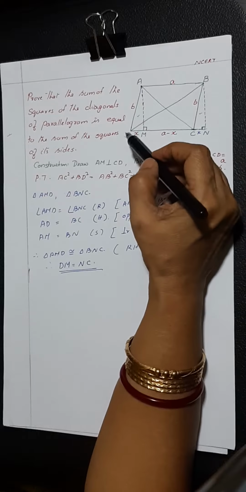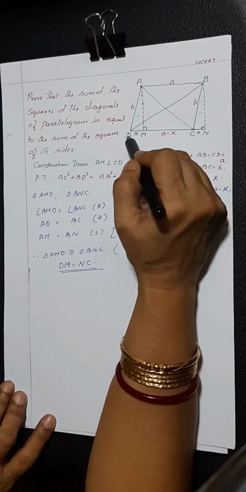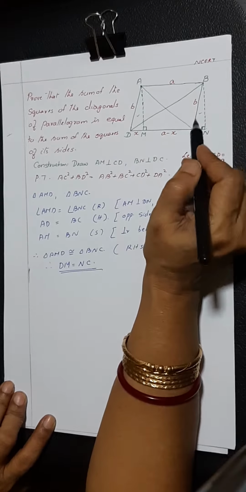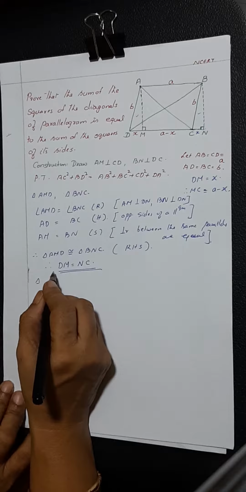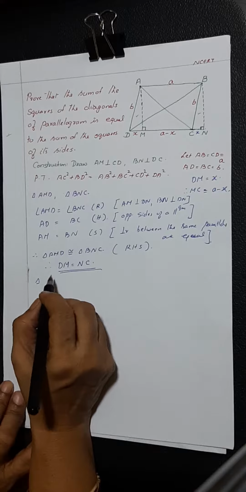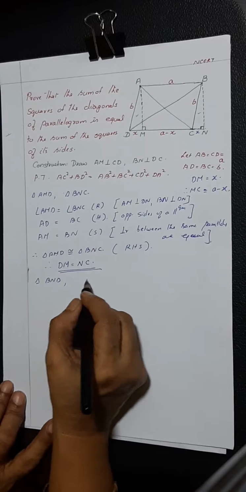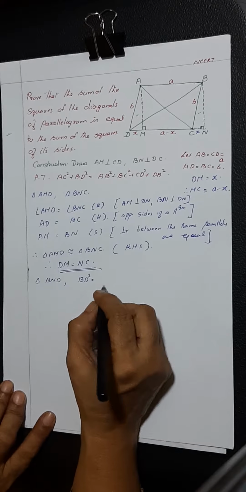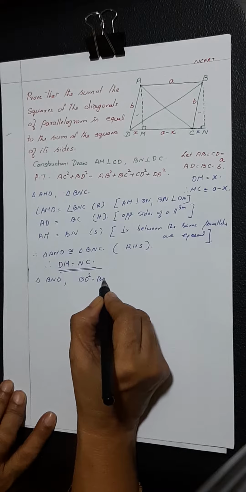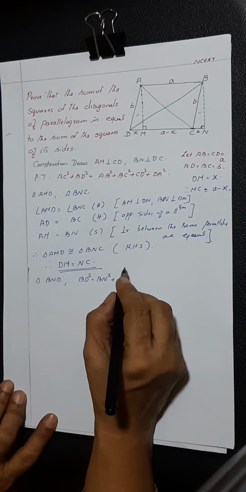Now we have to prove AC squared plus BD squared. So we will take BD squared. For that, in triangle BND, BD squared is equal to BN squared plus DN squared.